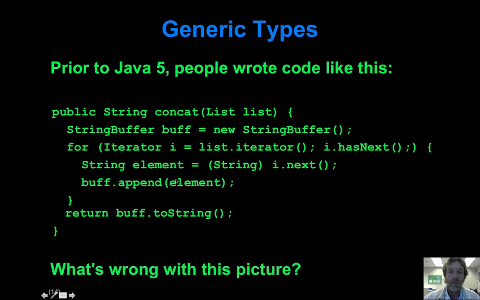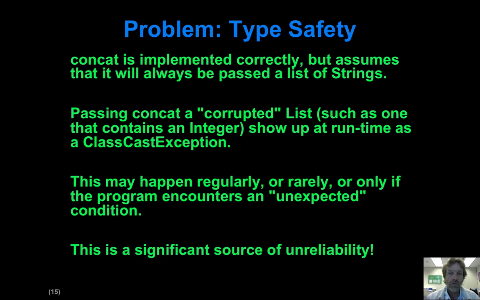It's terrible. This was something everybody, including me, hated about Java, and it's a fundamental thing. You're just iterating through a list, and look at that code. It's horrible.